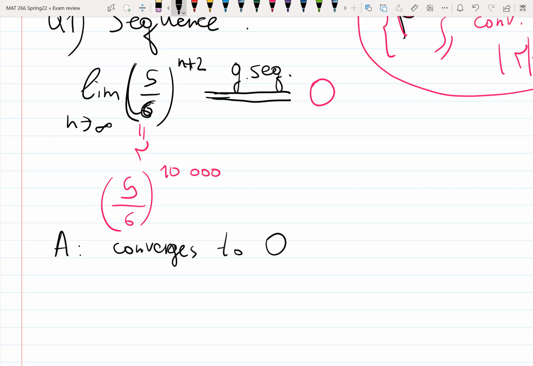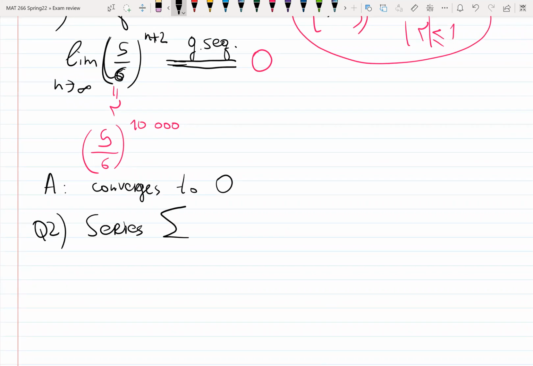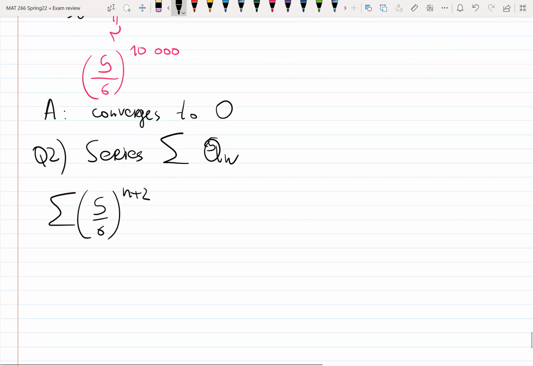Nice. Second question. How about the series? Remember, a series is a sum, so it behaves differently. The series of a sub n, the sum of 5 over 6 to the n plus 2, n from 1 to infinity, will converge by the geometric series.